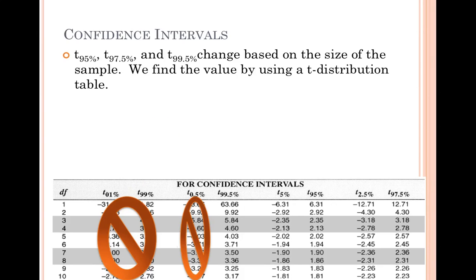We're not going to be using the t 0.5%, the t 5%, or the t 2.5% either. The parts that are important for this topic for confidence intervals are the t 99.5% column, the t 95% column, and the t 97.5% column.